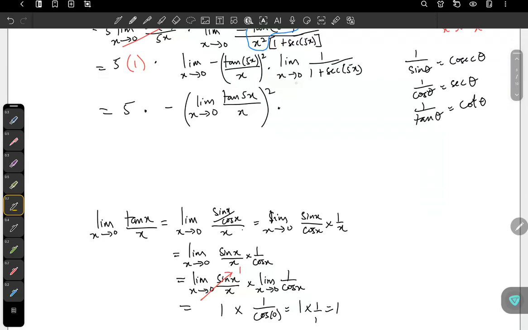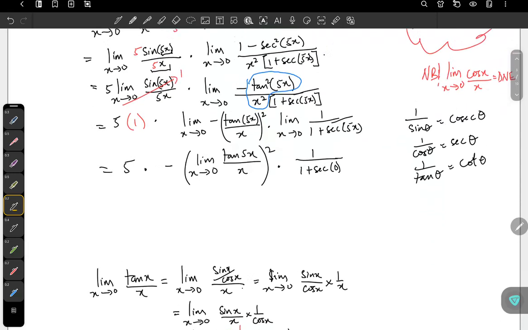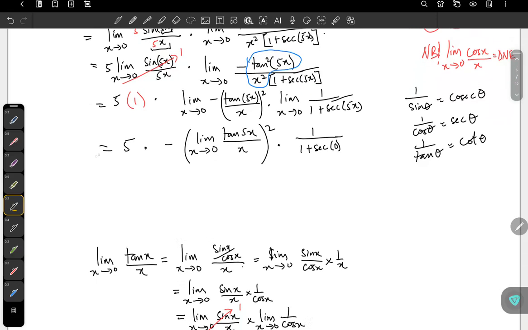times, so this I can already do the direct substitution. So this will be 1 over 1 plus sec 5 times 0, which is 0. Then using the same trick I used for sine 5x over x, I know that this will be 5 times minus the limit as x goes to 0 of tan 5x over x times 5 over 5 squared times 1 over 1 plus 1.